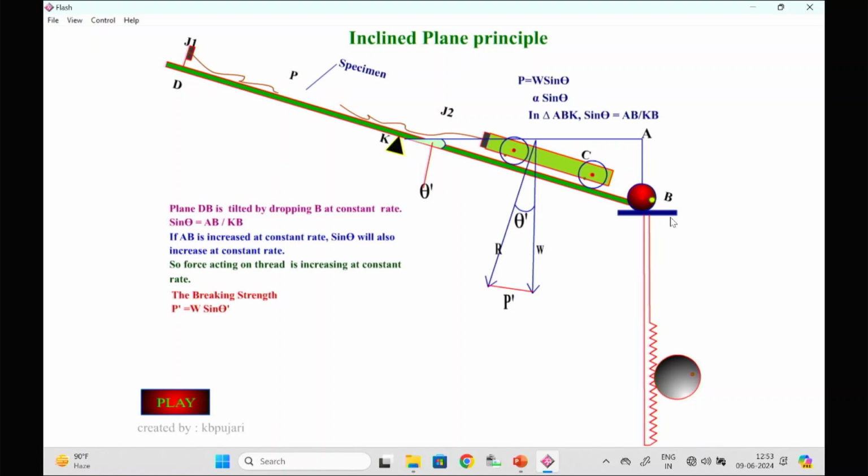Now the load applied on the specimen is W sin theta. As sin theta increases at constant rate, because AB is increasing at constant rate, we can maintain the constant rate of loading.